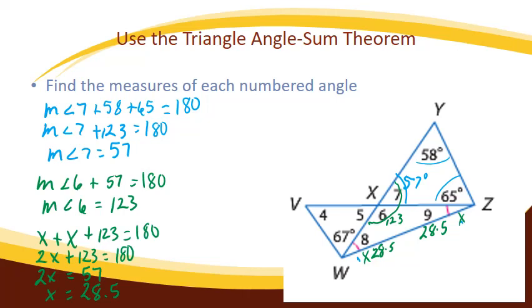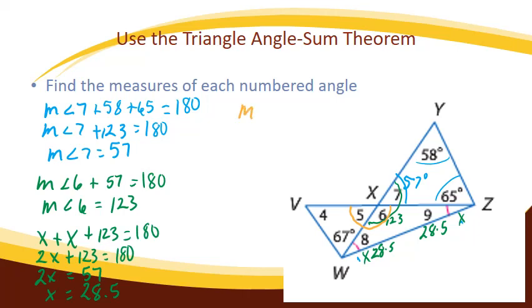4 and 5. All right, so if I look at angles 5 and 6, again, I can see that those are a linear pair. They're adjacent angles on this line segment, VZ. And the measure of angle 6 is 123. And so 5 and 6 are supplementary.